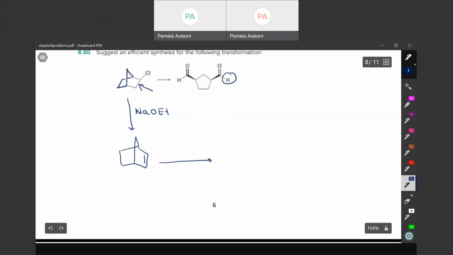Notice that I have aldehydes here, so I need to do my ozonolysis under reductive conditions. And that's going to get me a 5-membered ring, and my 2 aldehydes, which are coming here and here, are on the same side. So I could draw them both up or both down. It doesn't matter. They're just on the same side.